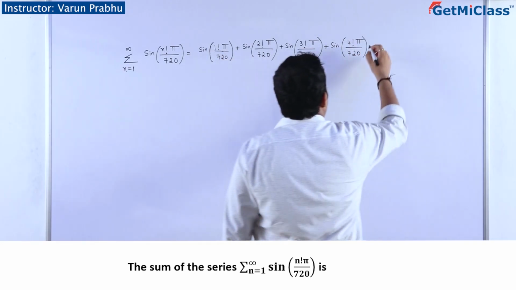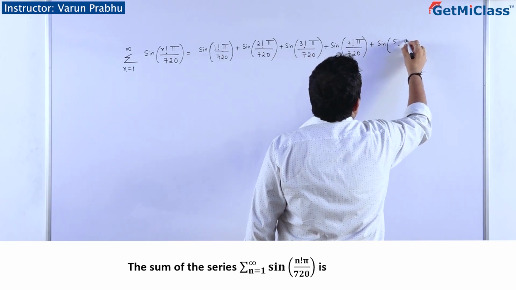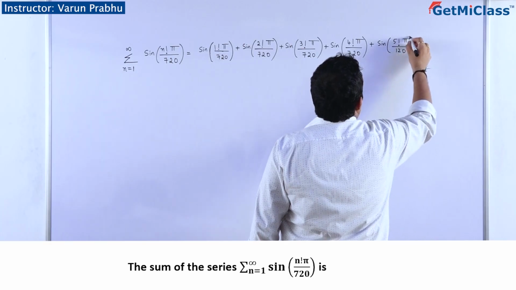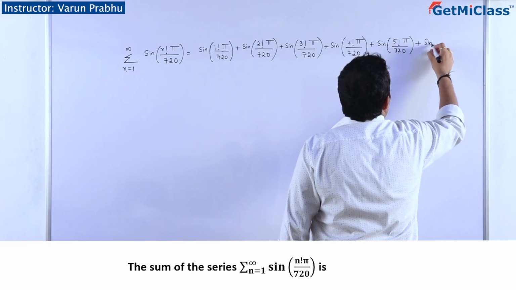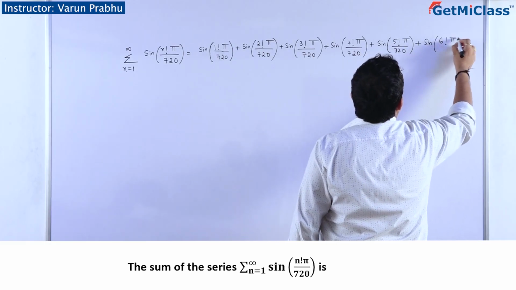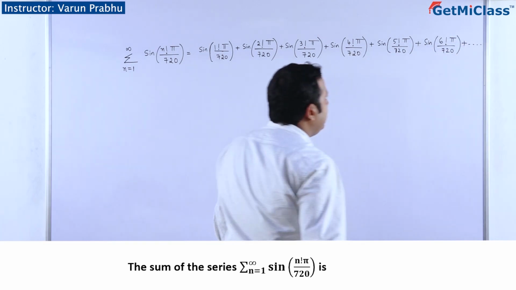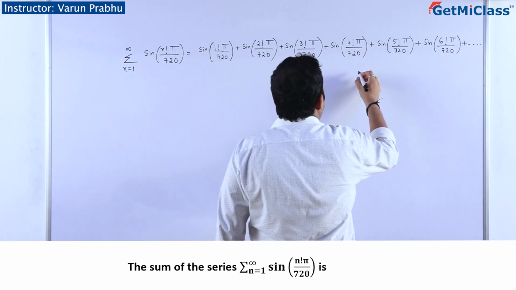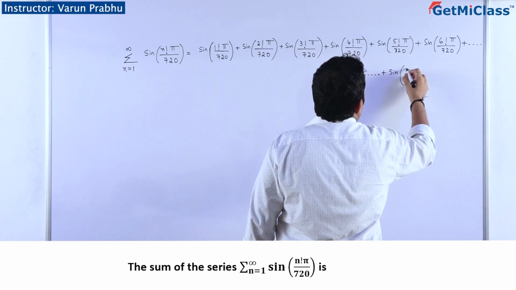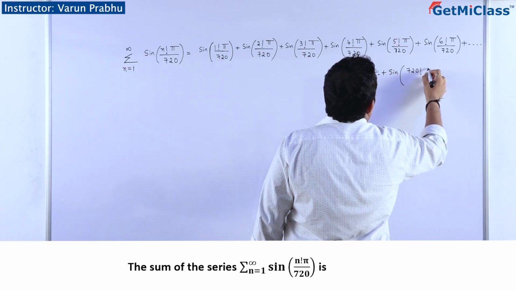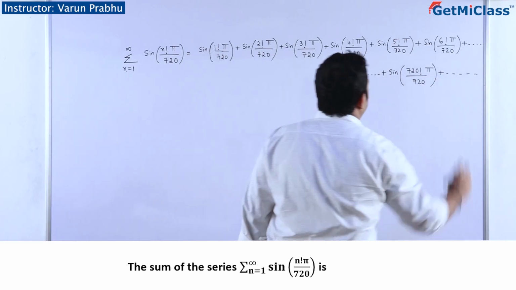Plus sine of 5 factorial into pi divided by 720, plus sine of 6 factorial into pi divided by 720, and it continues like this, and at one point there comes a value which is something like this, plus sine of 720 factorial into pi divided by 720, and again it continues forward like this. It continues up to infinity.